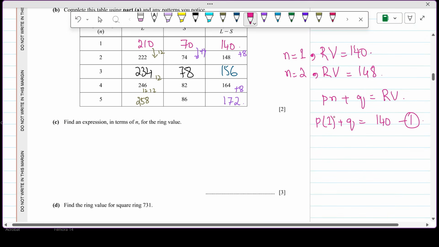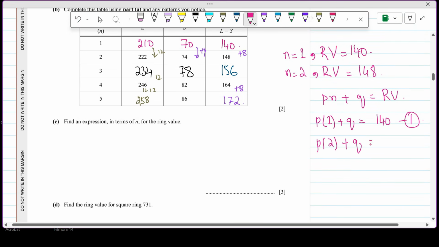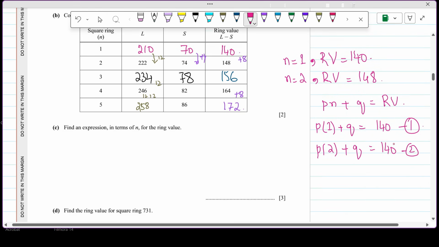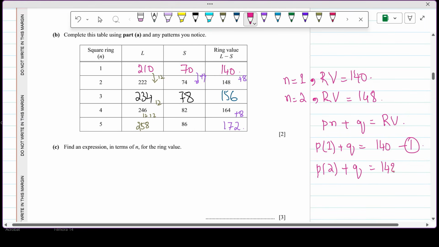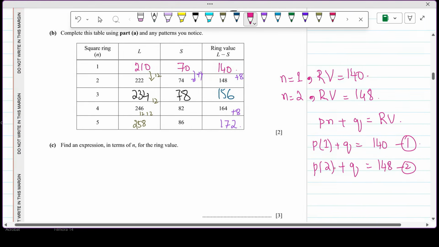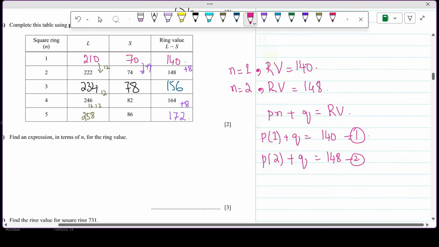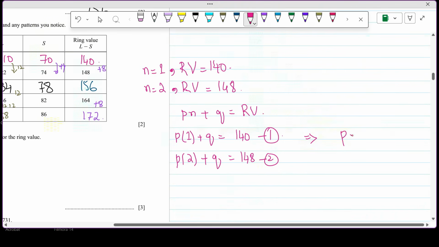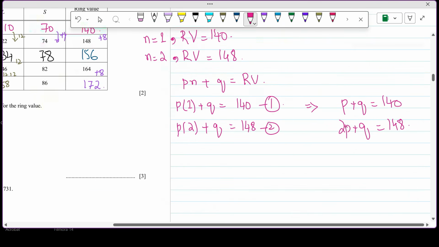Similarly, when n is equal to 2, p times 2 plus q is equal to 148, because in this case n is equal to 2. So based on these two equations, this equation is p plus q equals 140, and this one is 2p plus q equals 148.